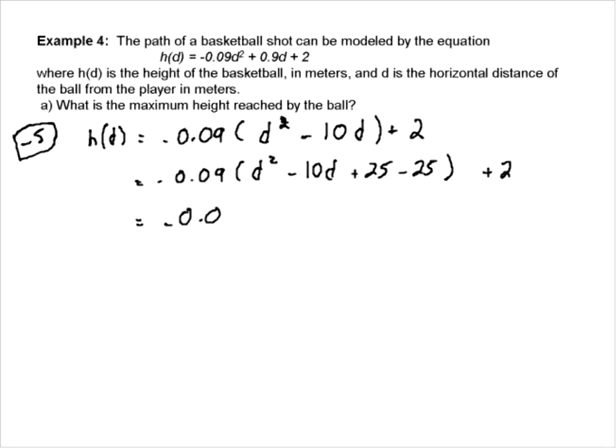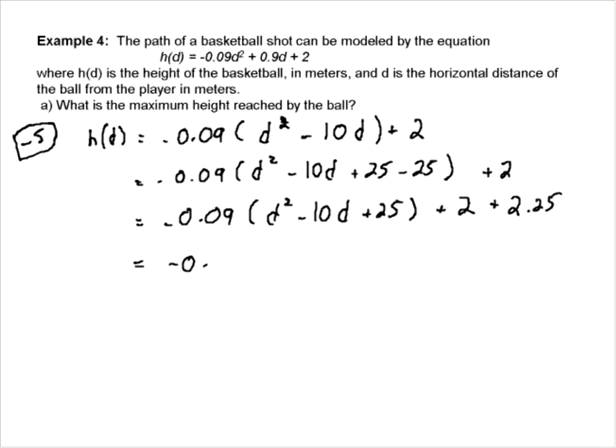So once we've completed the square, we can go d squared minus 10d plus 25, and of course we want to keep that positive on the inside as always, and we're going to now take the 25 out. To take the 25 out, we need to multiply it by negative 0.09, and negative 0.09 times negative 25 is plus 2.25.